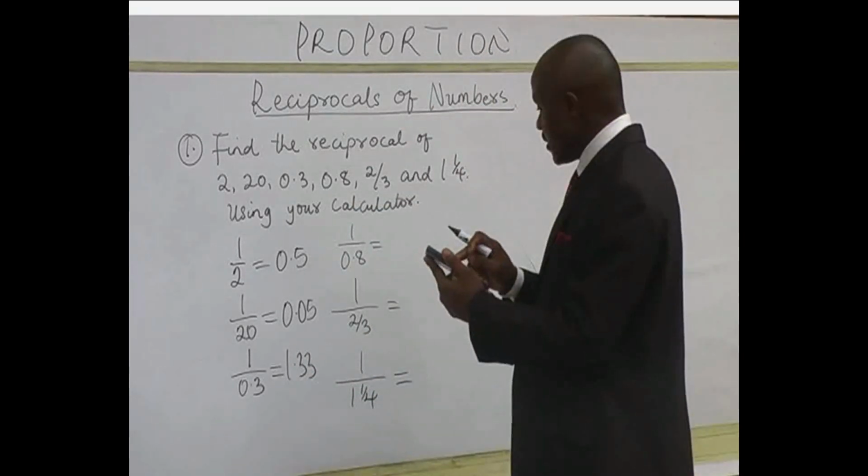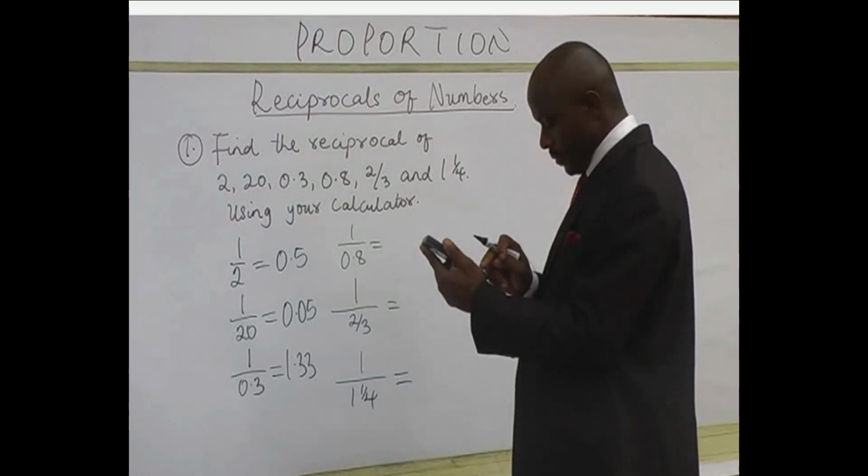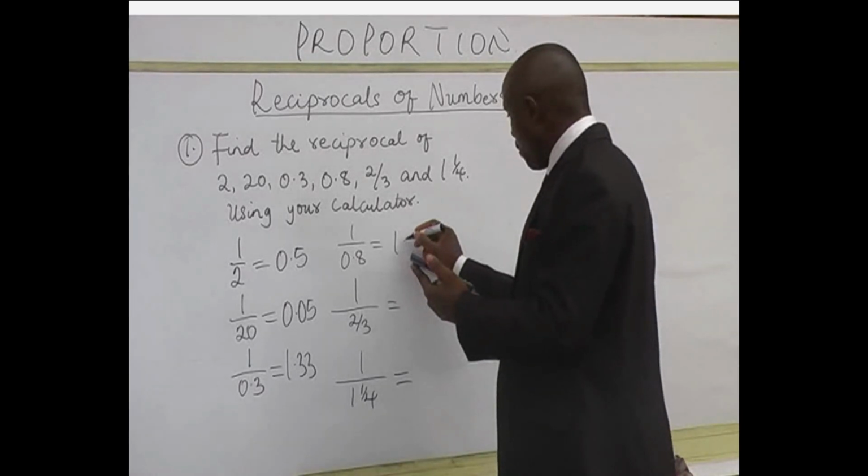The next one is 1 divided by 0.8. It's giving us 1.25.